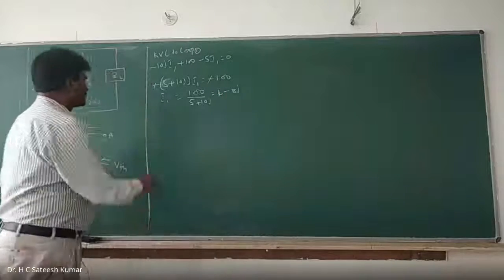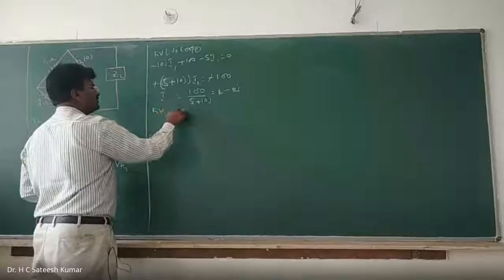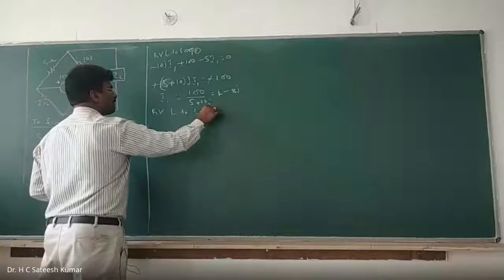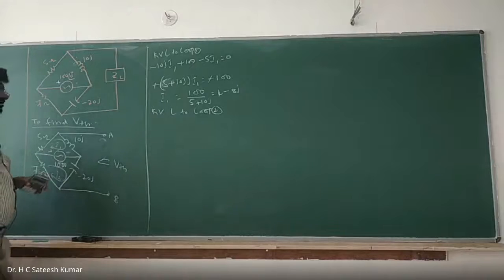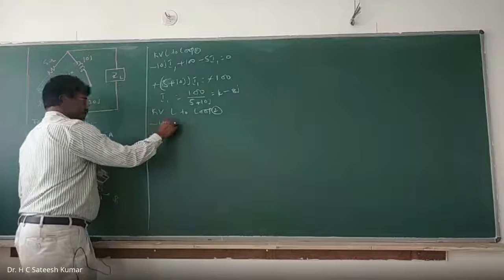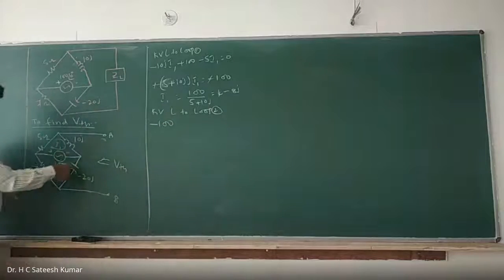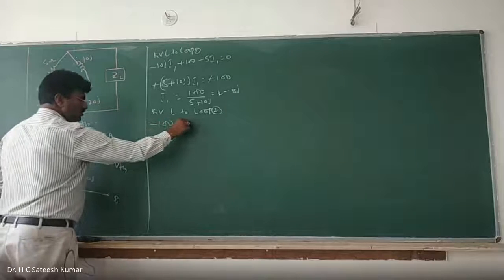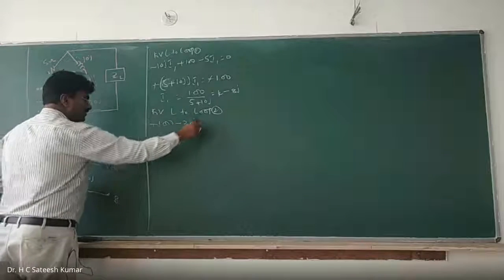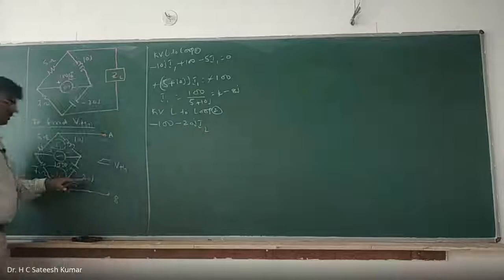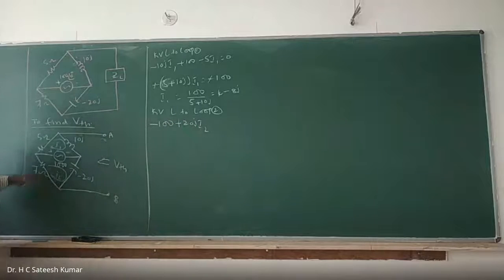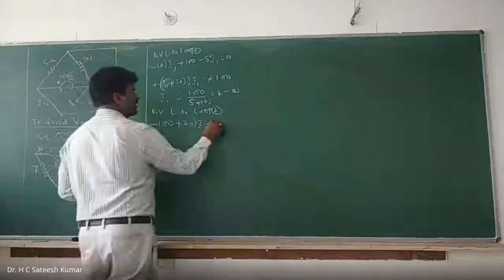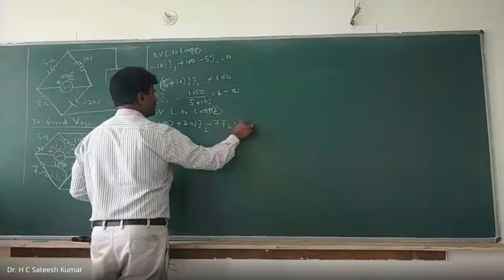I1. Next, KVL to loop 2. Start from this point. Plus to minus is minus 100. And next, this is I2, minus 20j into I2. Already minus 20j is in the same direction, means minus. Minus of minus is plus 20j, and minus 7I2 is equal to 0.